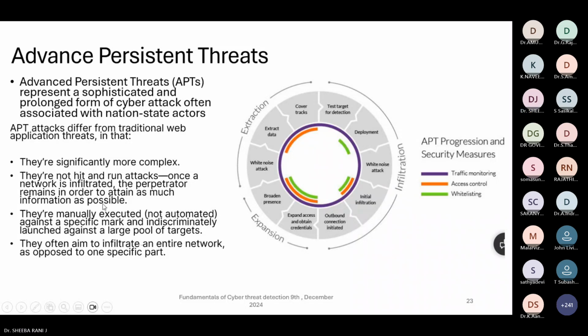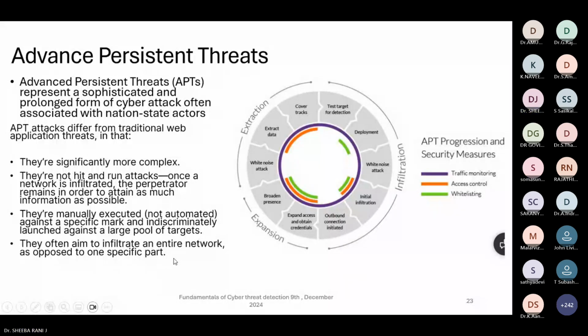Then the perpetrator remains in order to obtain as much information as possible. They are manually executed, not automated, against a specific mark, rather than indiscriminately launched against a large pool of targets. They often aim to infiltrate an entire network as opposed to one specific part.